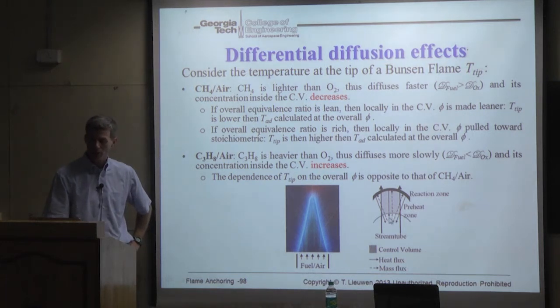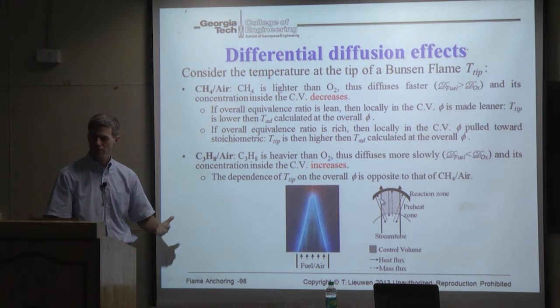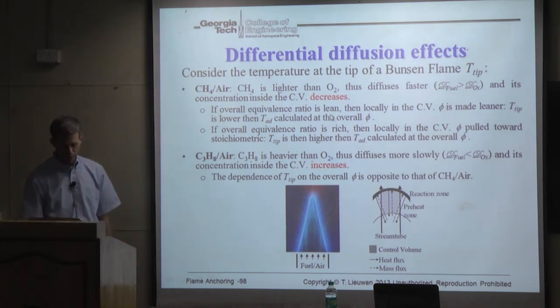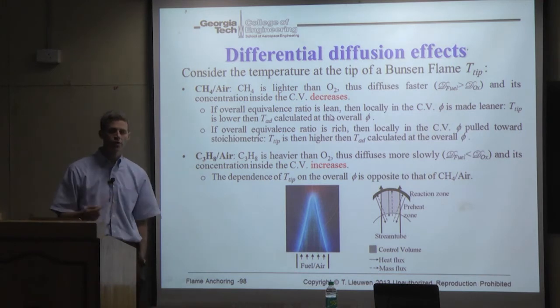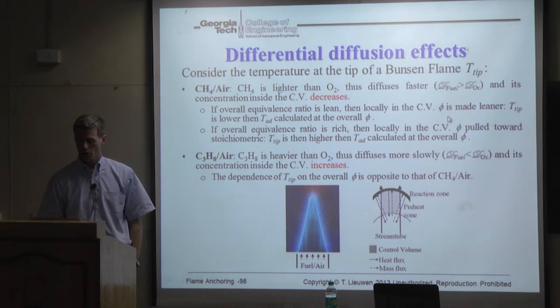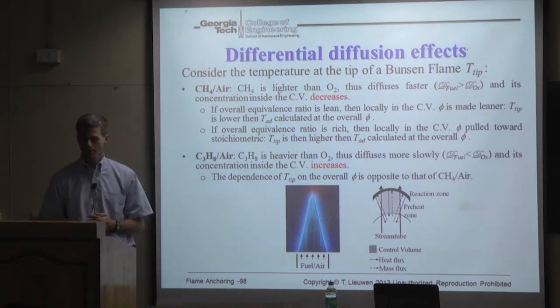And as I talked about, the concentration of methane inside this control volume, or of hydrogen, or of any fuel that's less diffusive than oxygen, will decrease. So, if your overall equivalence ratio is lean, then locally inside the control volume, phi is going to be made even leaner. And what that means is the temperature is going to be lower than T adiabatic, right?